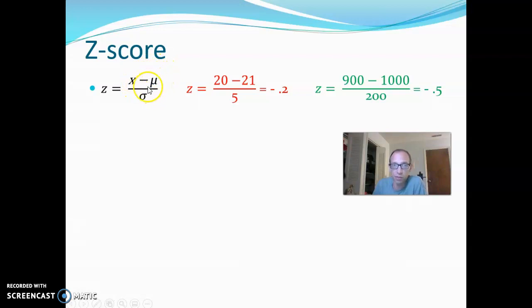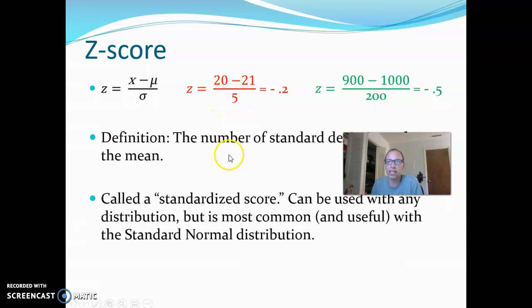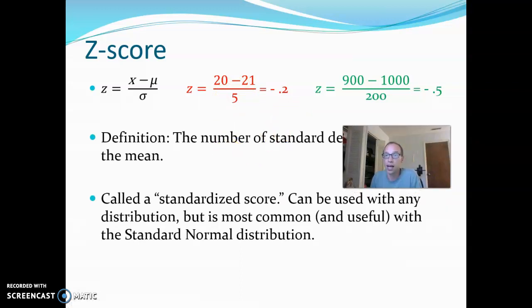Remember, mu is the mean. So you're just doing a subtraction there. And then you're dividing by the standard deviation. And I'll give you this formula on the test, but I think understanding what's going on here is important. So you're just saying, how far away am I from the mean in terms of standard deviation? How many standard deviations am I above the mean?